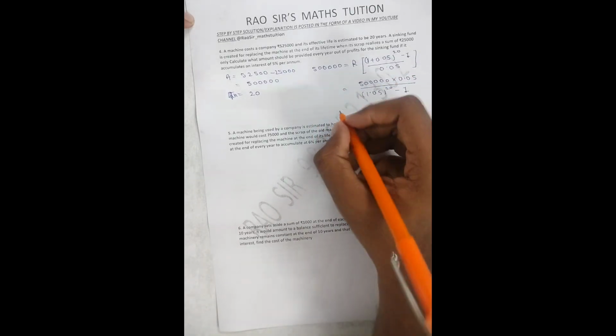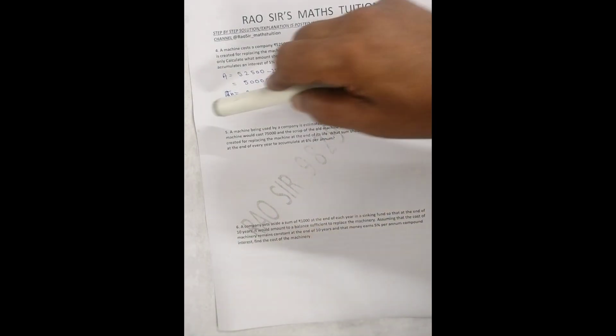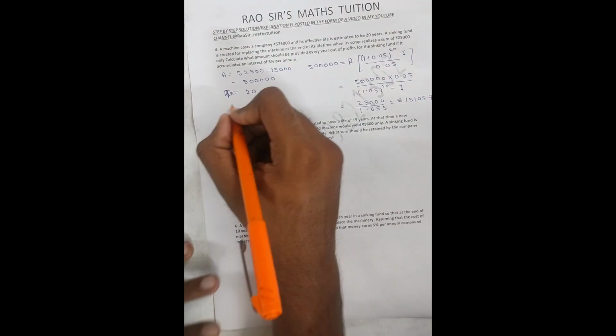Here time is 20, and i you have here. You can write i is equal to 0.05.